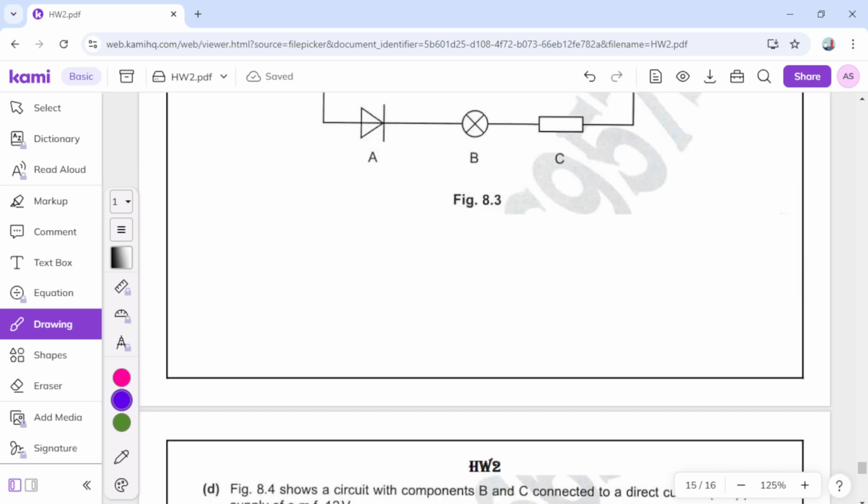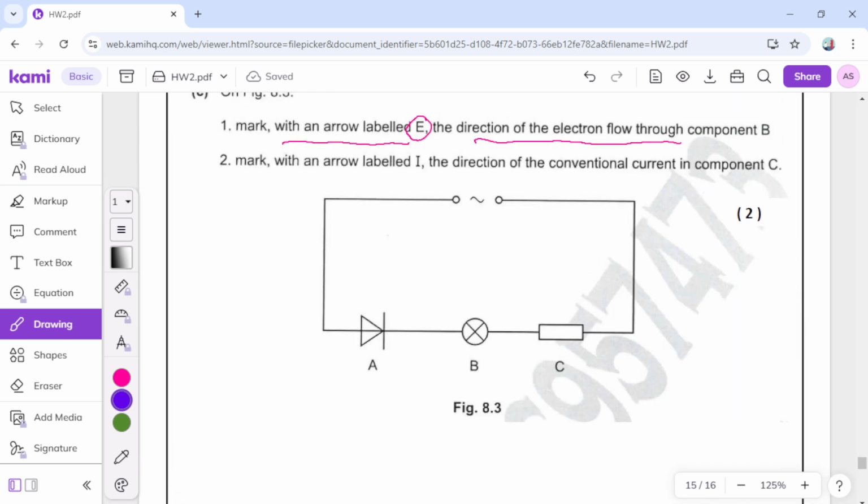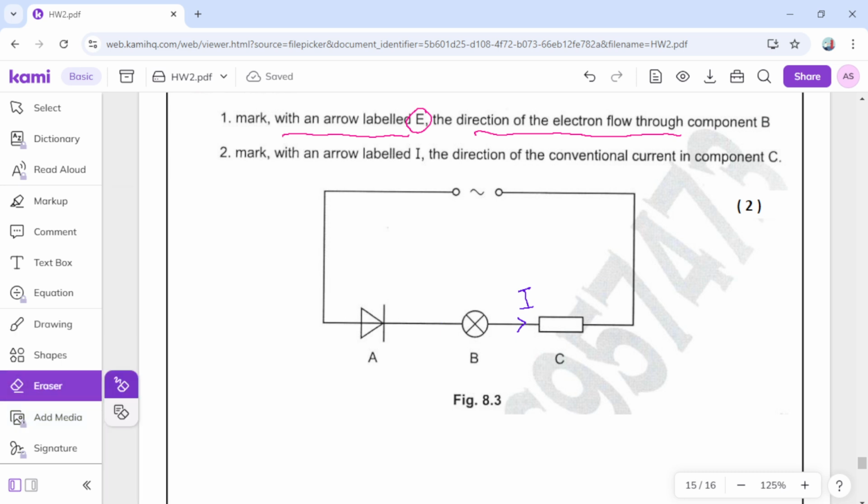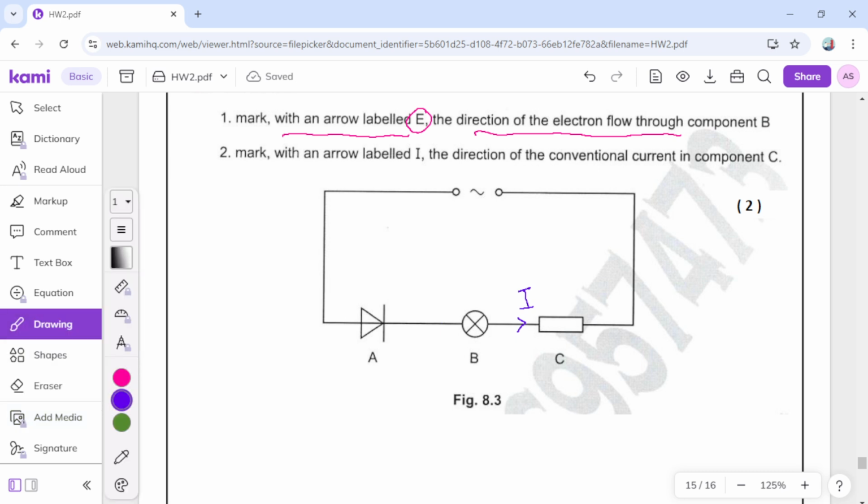Maybe he asked us to draw here, so I will draw here for the current, and I have to remove this one, and this will be for the electron, E.